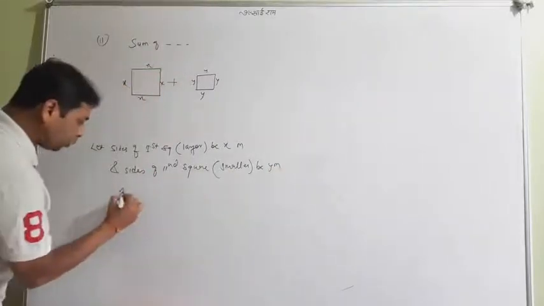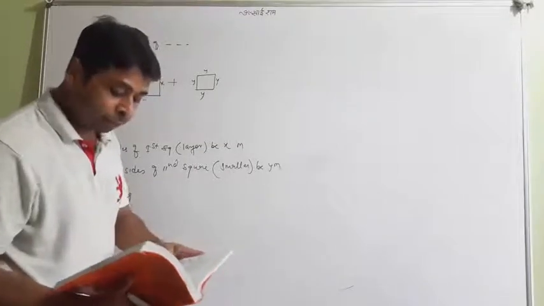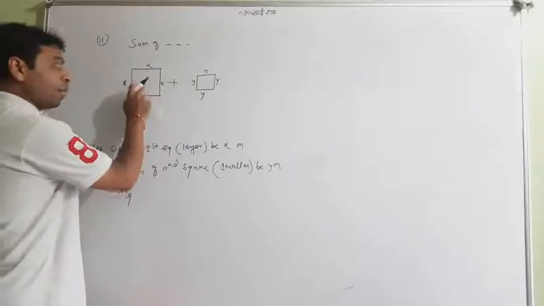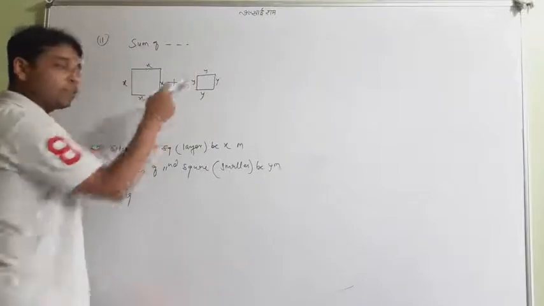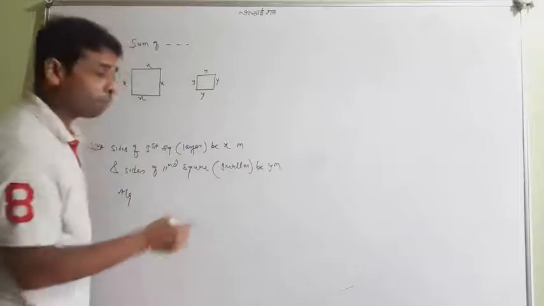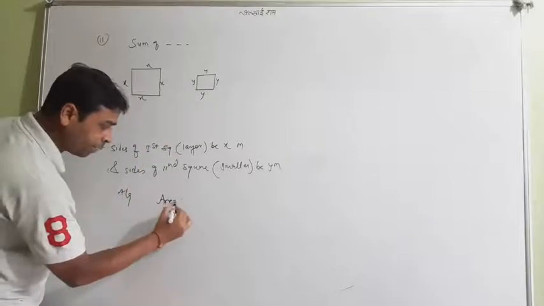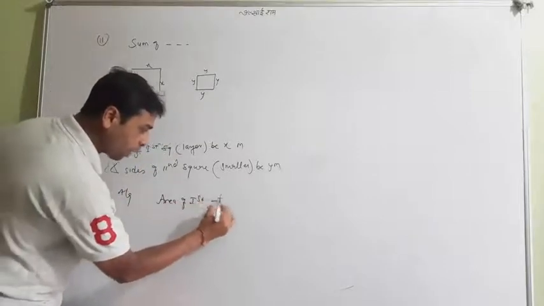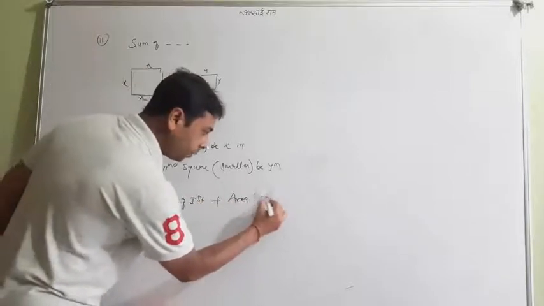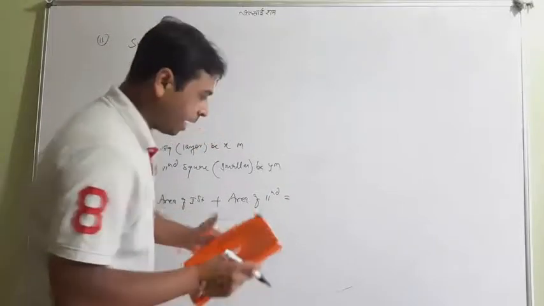So as per question, first line is sum of the areas of two squares, meaning the area of first square plus area of second square. So what is the area of the square? Side into side, side square. Meaning, according to question, the area of the first square and area of the second square is equal to 468.